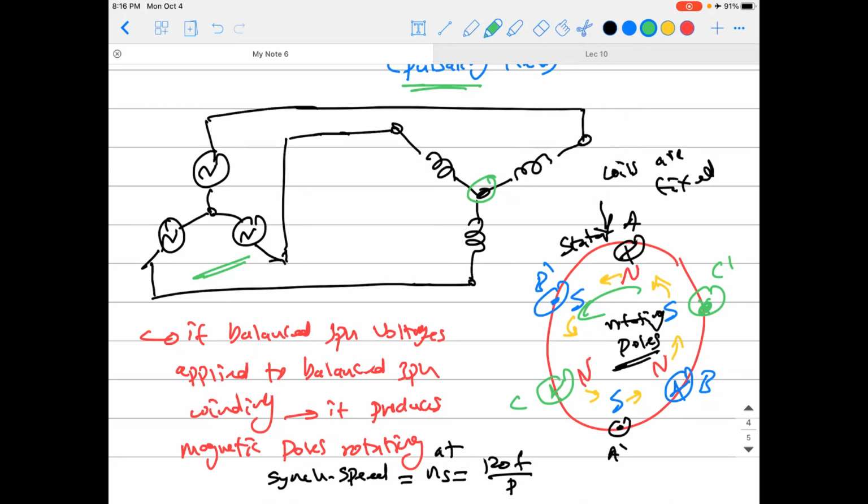So from this connection, you will have a rotating magnetic field, poles rotating around the stator at a speed we call the synchronous speed, ns, equals 120 f/p.